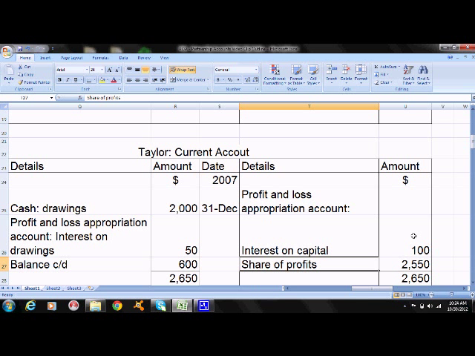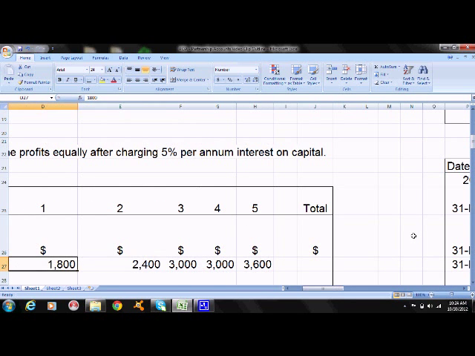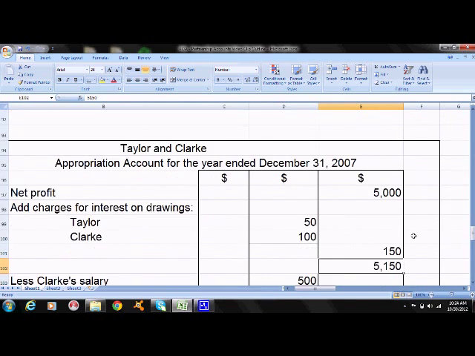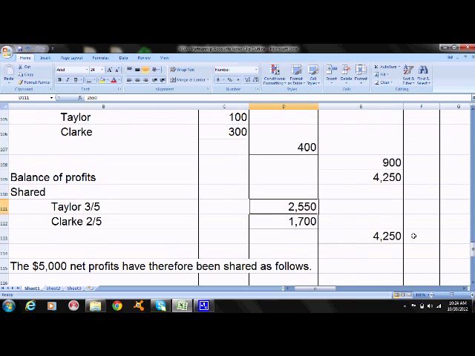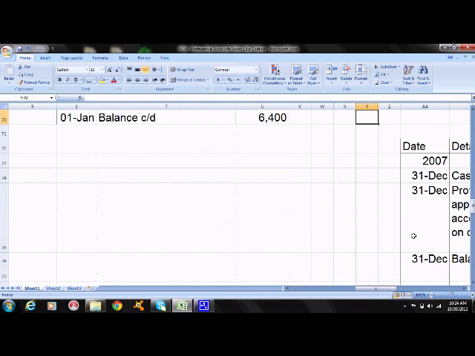Let me go back to it for you. Remember this? Share of profits for Taylor is $2,550. So this is coming from our appropriation account. Remember that.